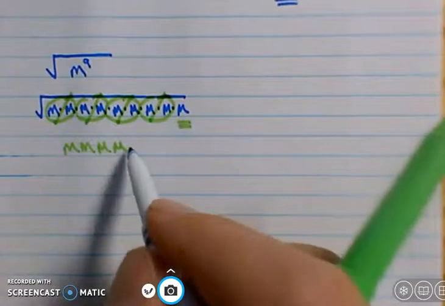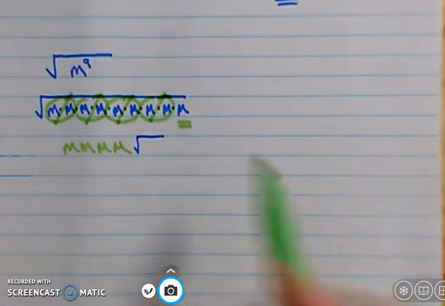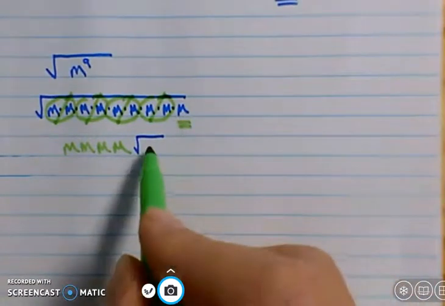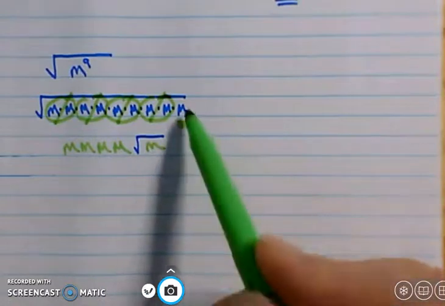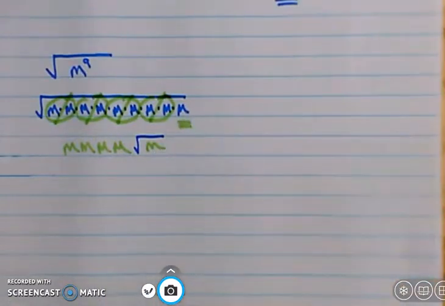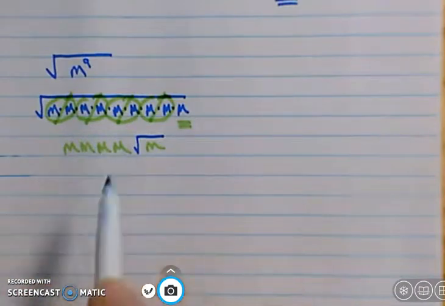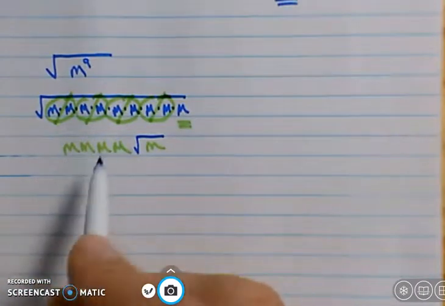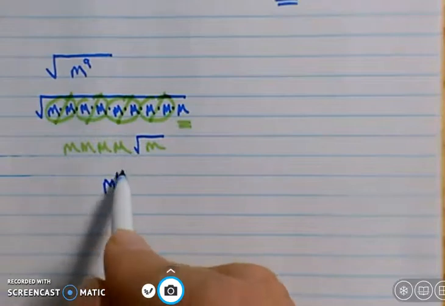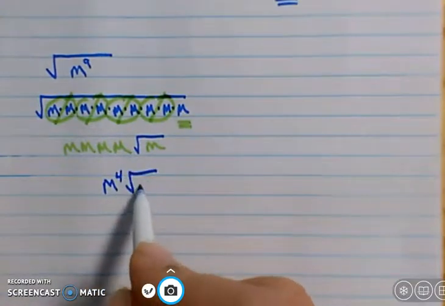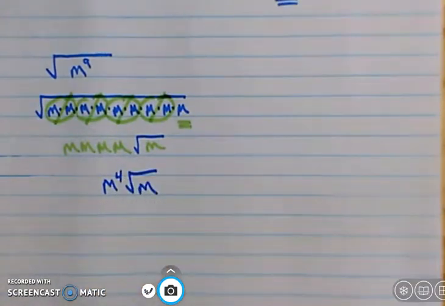However, I still have 1 that is not perfect. So I'm going to leave the 1 that's not perfect inside the square root sign. Simplifying that, m, of course 4 m's. M times itself 4 times is really m to the 4th with the square root of m left on the inside.